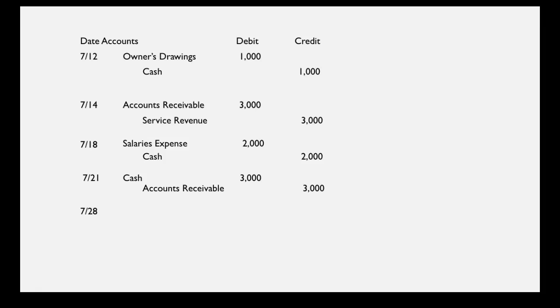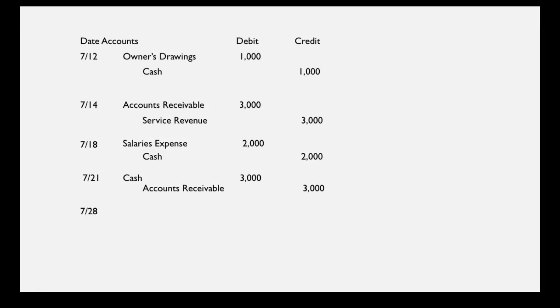So 2 more entries here. On July 28th, we paid creditors $2,000 for amount owed. A creditor is just someone that you owe money to. Right? So we owed $2,000, or paying people back $2,000 of the amount that we owed.